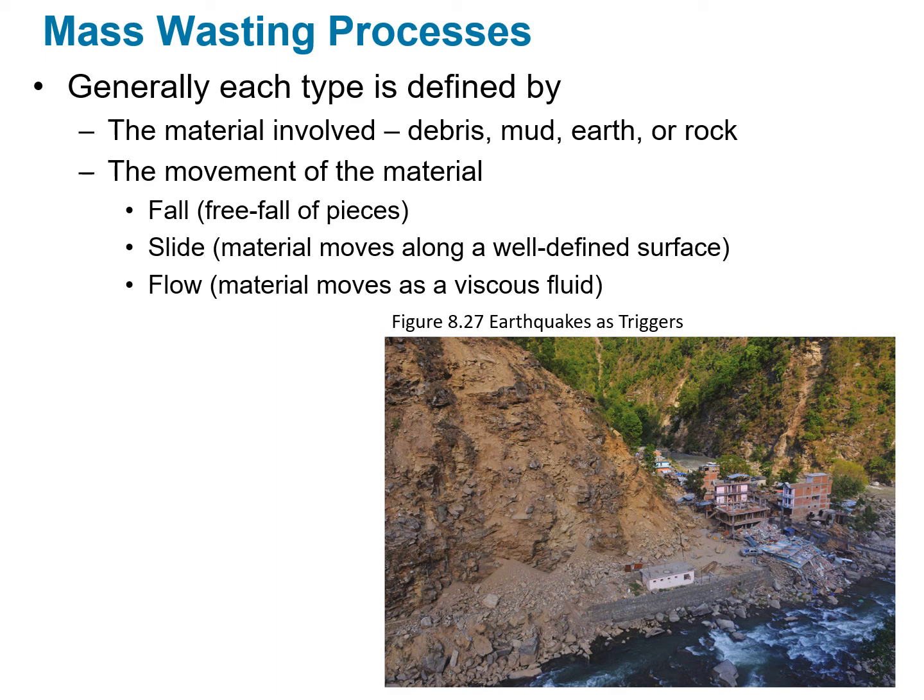Is it a slide, where a whole bunch of material slides along a curved or a straight surface? Or is it a flow, meaning a viscous fluid saturated with all this material? So here, this would be a free fall of material. This would be a rock slide here. Okay, so these rocks just came tumbling down, and this building was heavily damaged as a result. Great spot to have it.